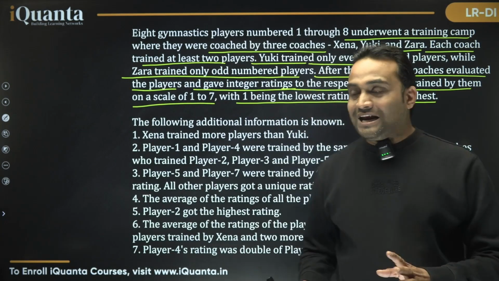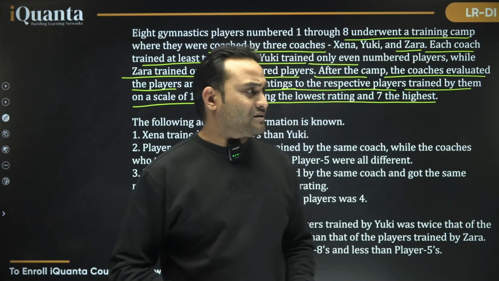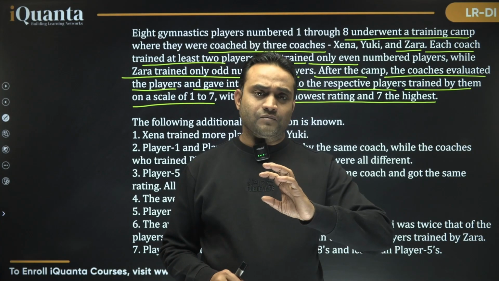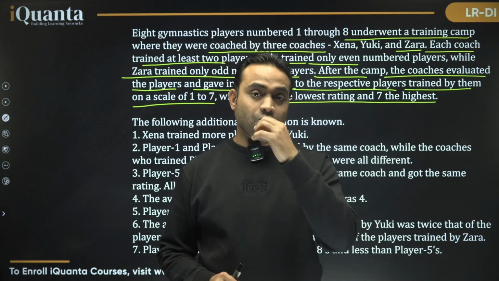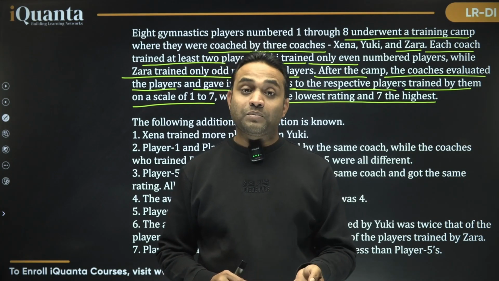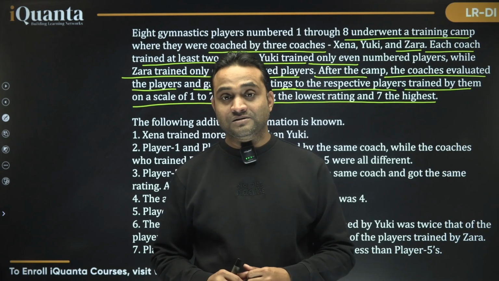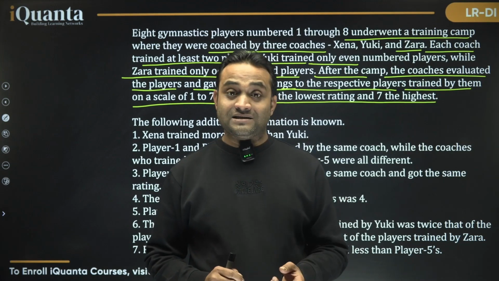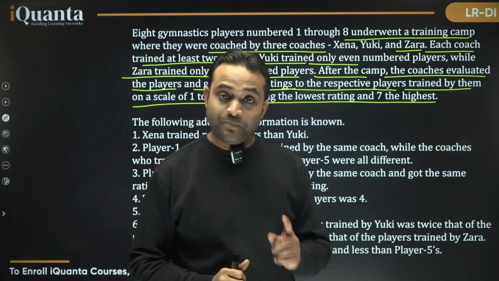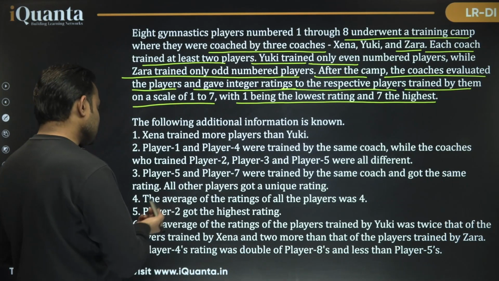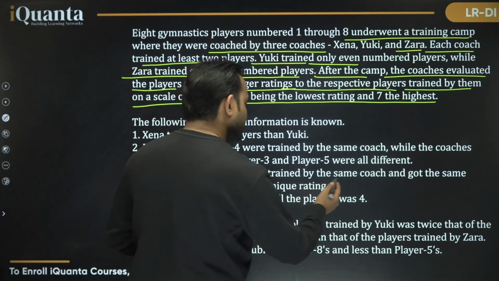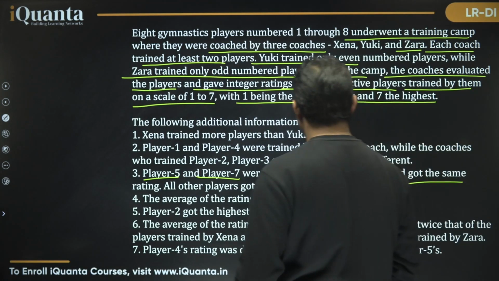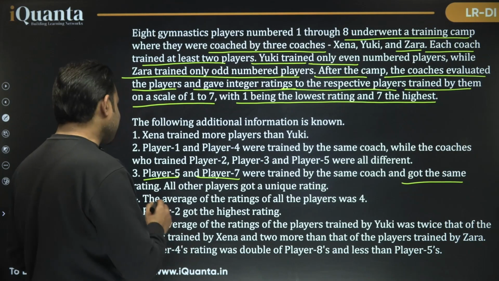Now, till now, I had no idea whether, out of all the 8 players, each was coached by one unique coach or one player was coached by multiple coaches. I was thinking that if that's the case, this set is very complicated. But then I saw this: player 5 and player 7 were coached by the same coach and got the same rating.